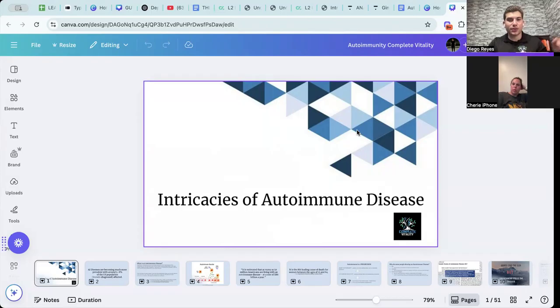The specific site it's attacking depends on what type of autoimmune condition you have. Maybe your body thinks something is going on and now it's attacking your thyroid gland, that's Hashimoto's. It's attacking your joints, that's rheumatoid arthritis. It's attacking your skin, that's psoriasis.